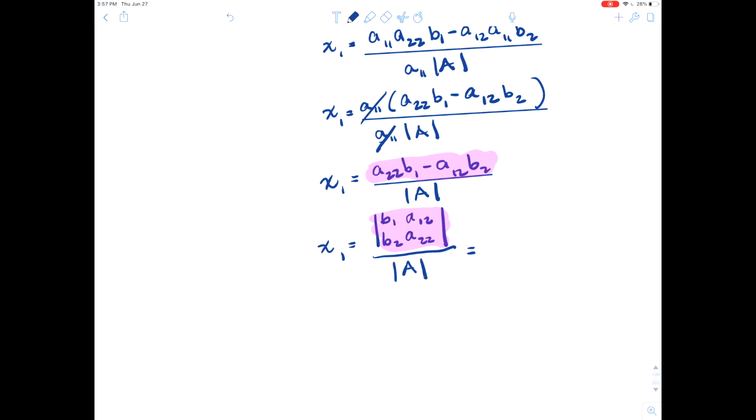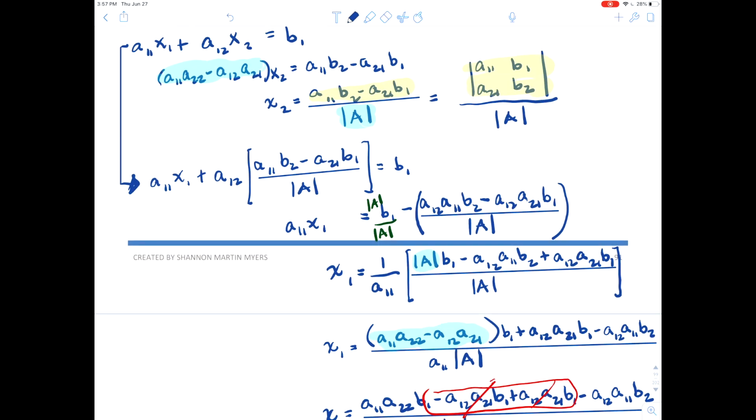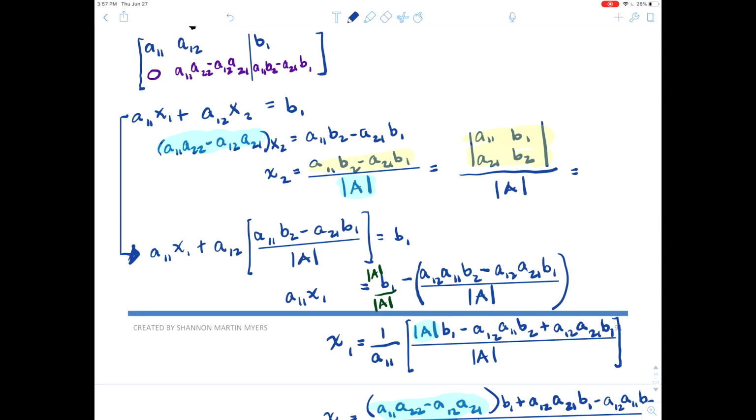So when you replace the first column with the constants and the second column stays the same as the coefficient matrix, that ends up being the determinant of A1 over the determinant of A. This x2 that we had found ends up being the determinant of, so now the second column was replaced with the constants, and so the subscript shows A2 over the determinant of A. Isn't that pretty cool?